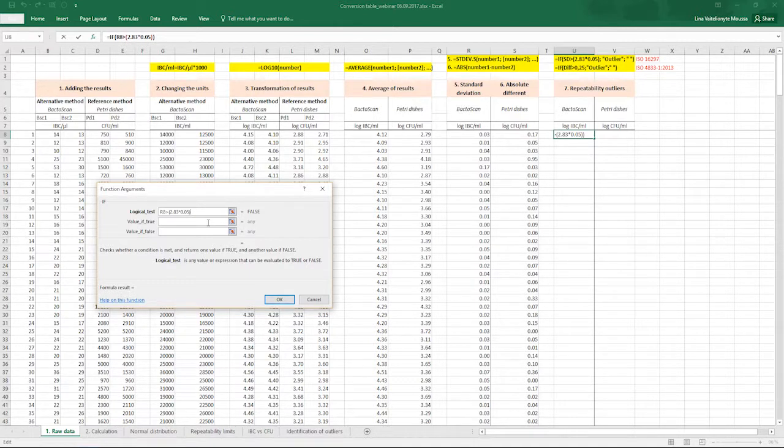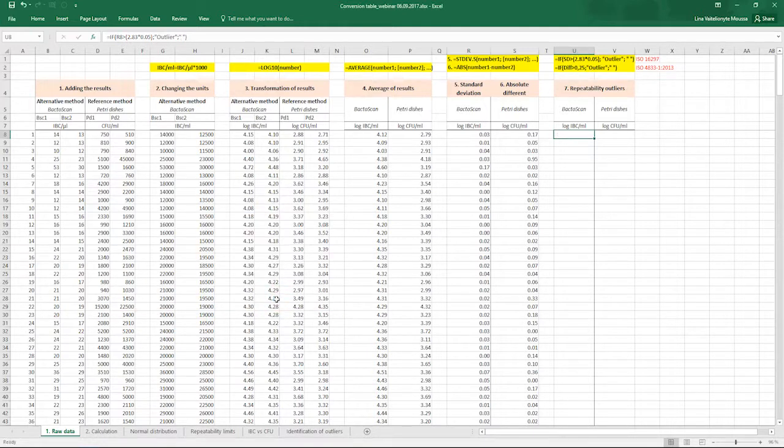So if standard deviation is higher than this calculated value, we have an outlier. If it's below the calculated value, we leave the empty space and press OK.